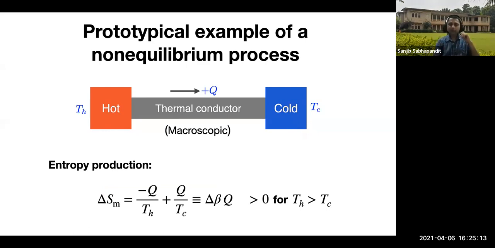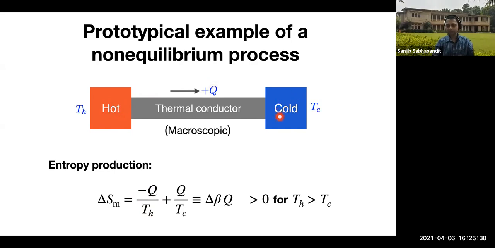And if Q amount of heat flows in a given time t from the hot reservoir to the cold reservoir, you can find out what is the entropy production in the reservoirs, because these reservoirs are always in equilibrium. If Q amount of heat is coming out of this reservoir, then minus Q divided by the temperature of this reservoir is the entropy change in this reservoir.